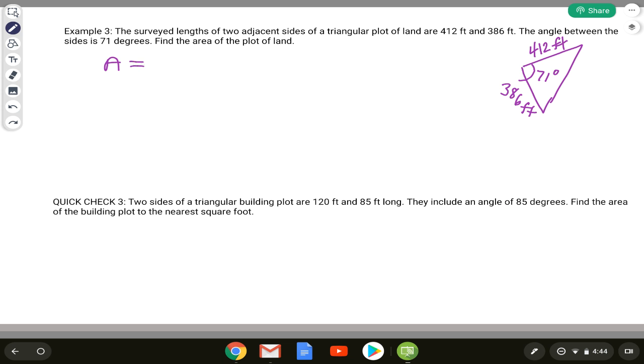So the area equals 1/2 times one of the sides times the other side times sine of the angle. Okay, so when I multiply that out, let's see, I need my calculator.